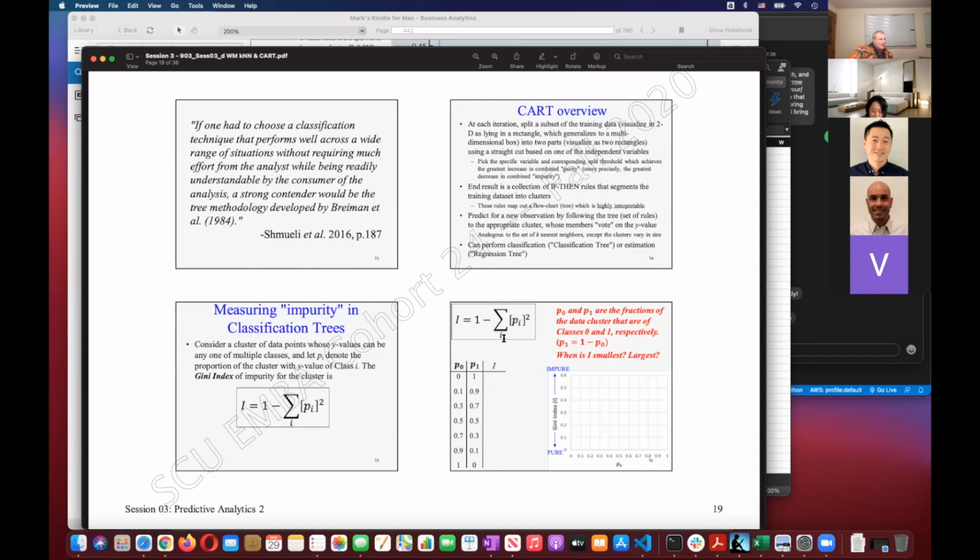Wait, what is it? So you square PI first. Right, so PI is 0.9. No, that's P1 though, not PI. Isn't PI the difference between P0 and P1? No, the I is just the index, so it's 1, 2, whatever.